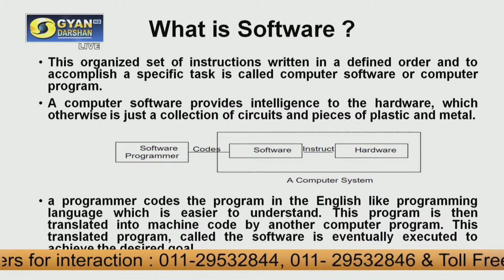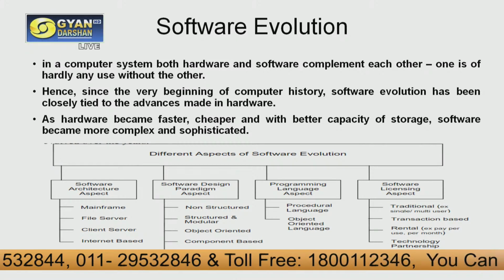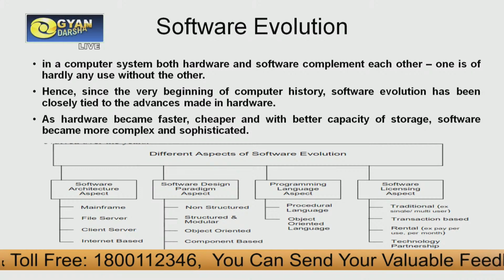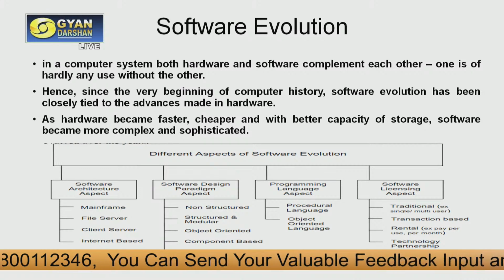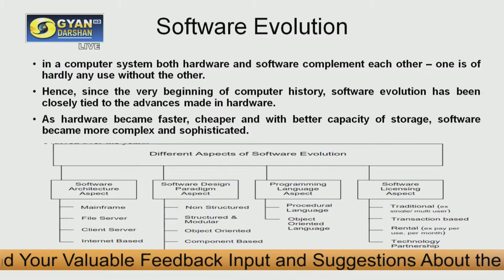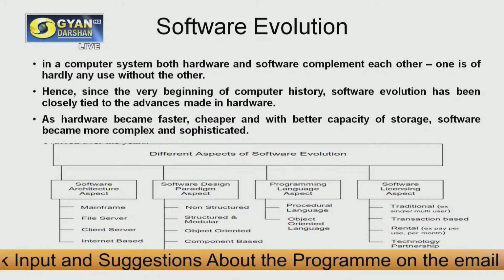The evolution of software involves various aspects: architectures, software paradigms, programming languages, and licensing, where we have open license software and proprietary software.